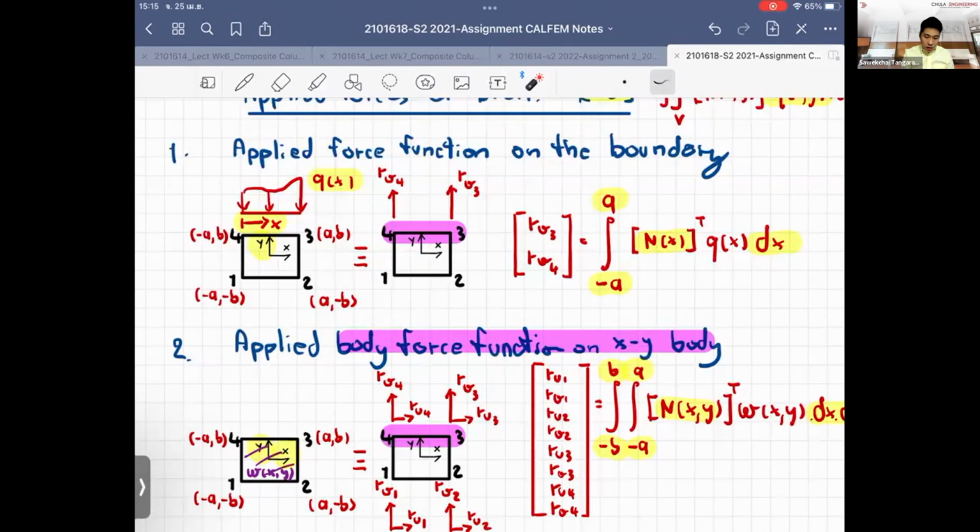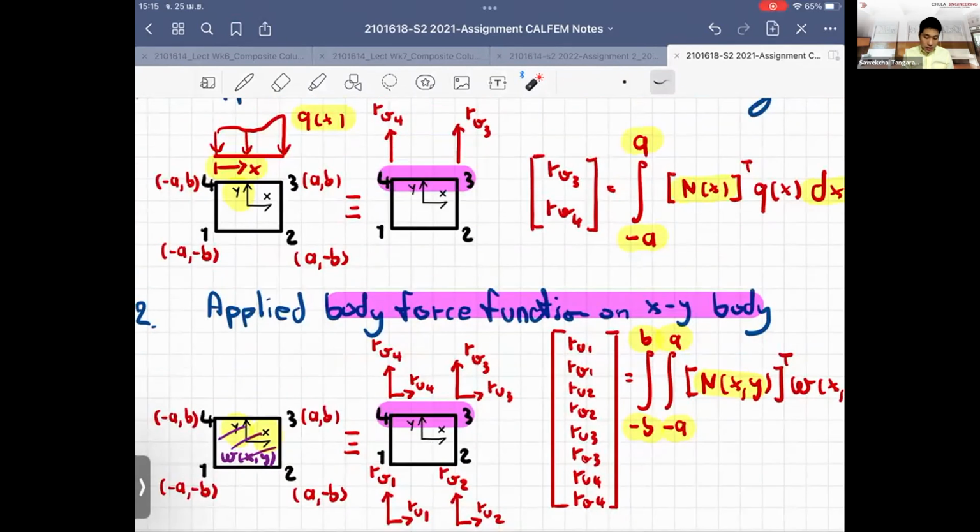For example, we have one problem, which is the self-weight of a concrete dam in plane strain. You define the gravity of the dam and the density of the dam, given in terms of force per unit area, and you multiply with the thickness, which we give as 0.1.